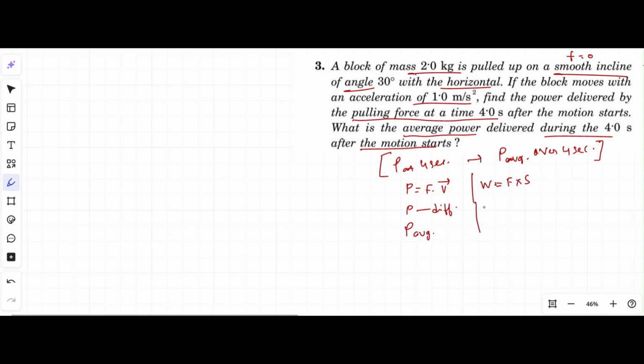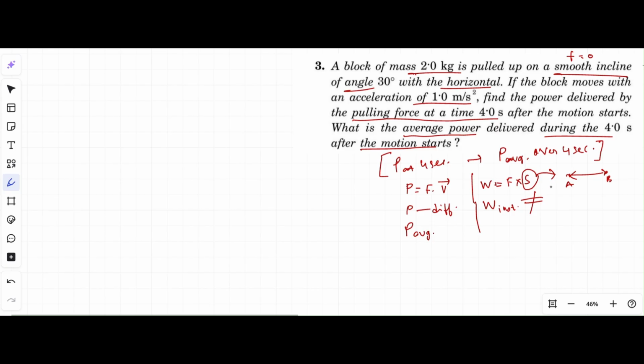However, no such concept exists for work, because work is dependent on distance traveled, and there is no instant distance. If you travel from here to here, only then will you have traveled a distance. So the work done will be the same over the full motion. If in 4 seconds you traveled from A to B, the work done will always be from A to B, or from some point to some point.